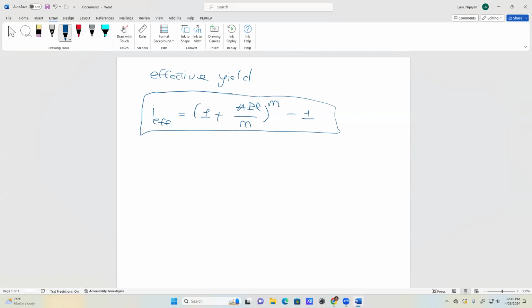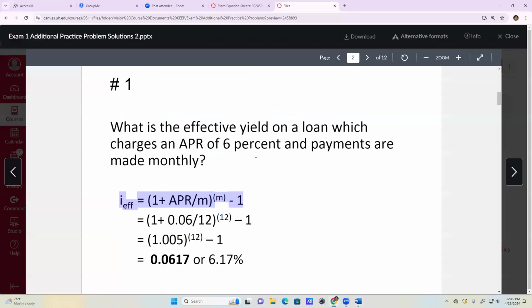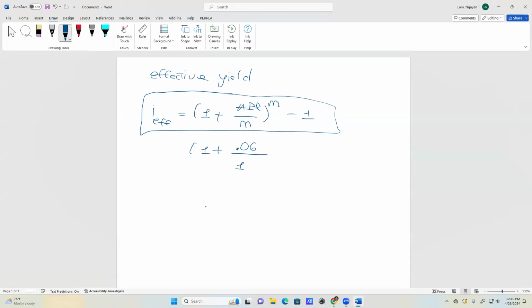Okay, so let's try to solve together. Let's say 6%, so you're going to put 6 divided by m. Payments are made monthly, so when it says monthly, you divide by 12, because there are 12 months in a year.